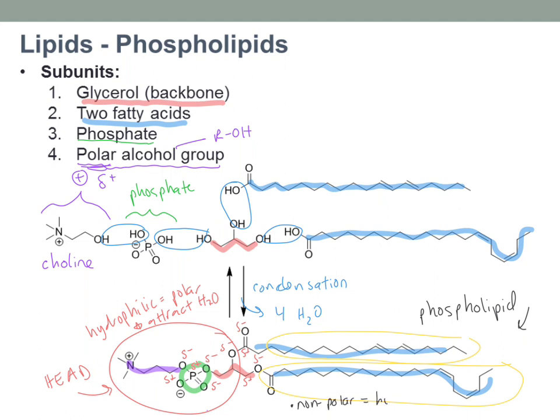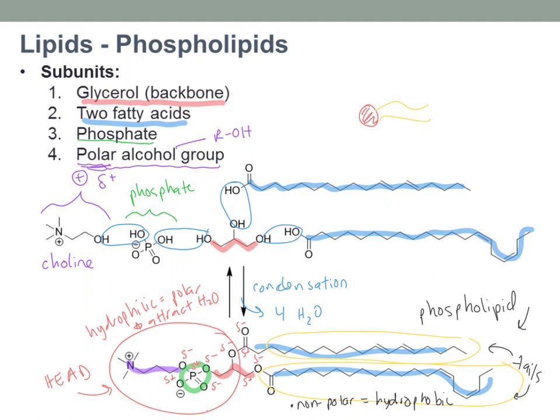That means it's hydrophobic. And that's what makes our tails. These would be our tails. So those 2 yellow tails that I drew on that previous slide, these are the 2 tails of that phospholipid. Like in that previous slide, I drew the phospholipid head, and then it had 2 tails. That's what we're talking about.